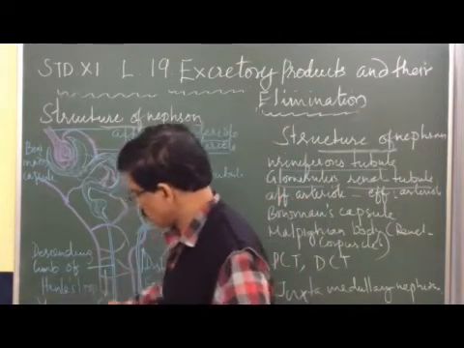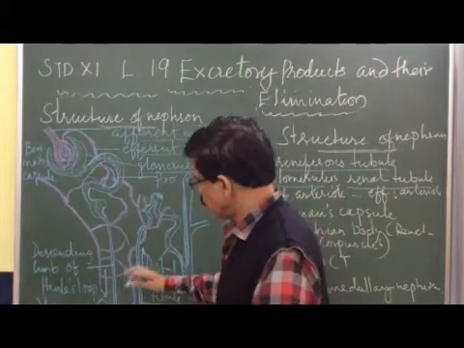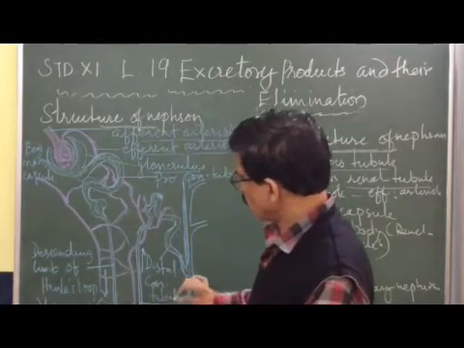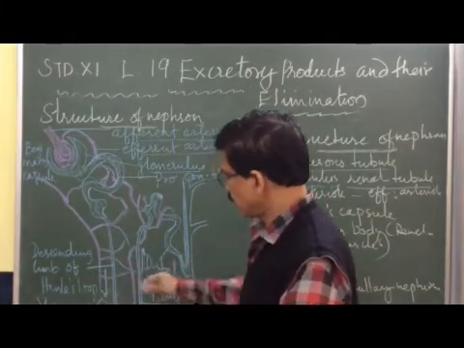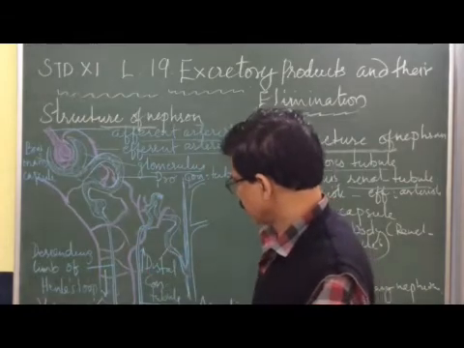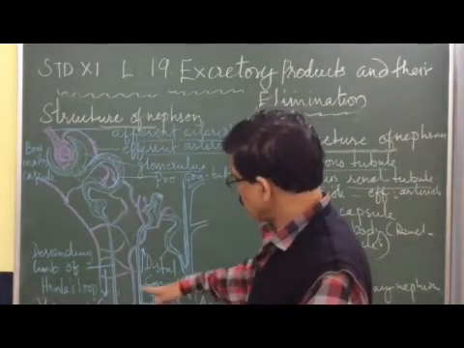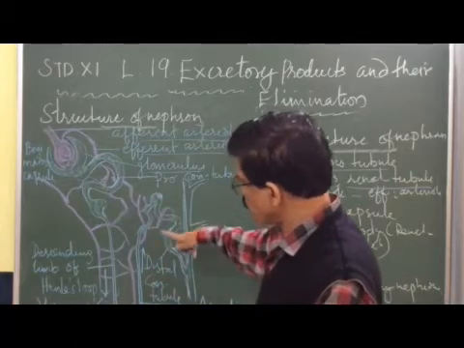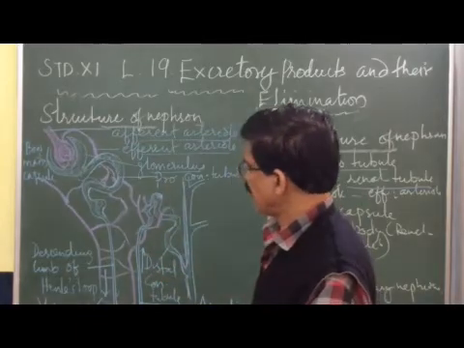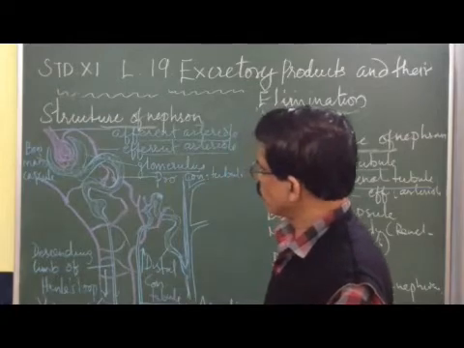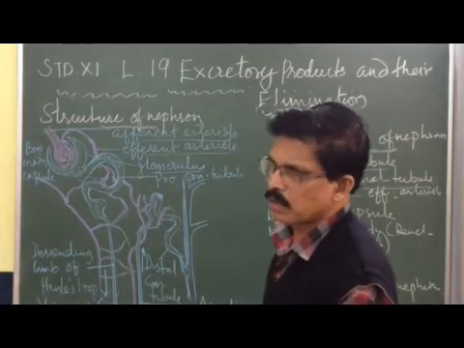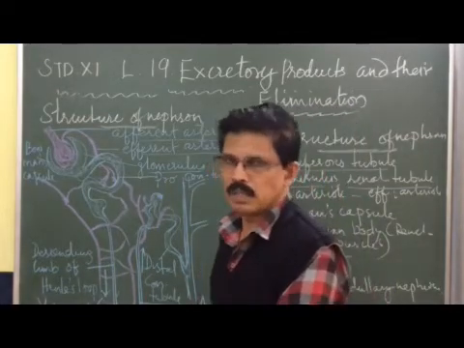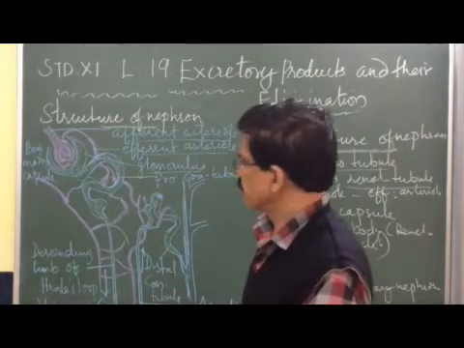In the Henle's loop, this efferent arteriole forms the vasa recta blood vessels. Very important. And these vasa recta blood vessels, after coiling around the Henle's loop, again coil around the distal convoluted tubule and join together to form what we call renal veins, and come out of the kidney.